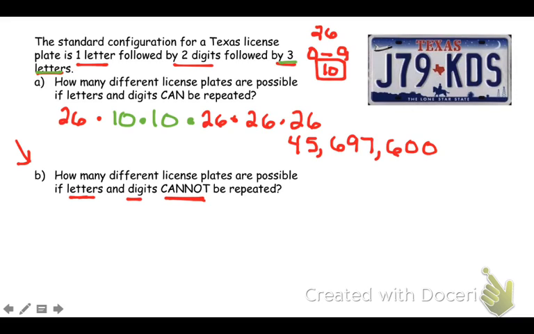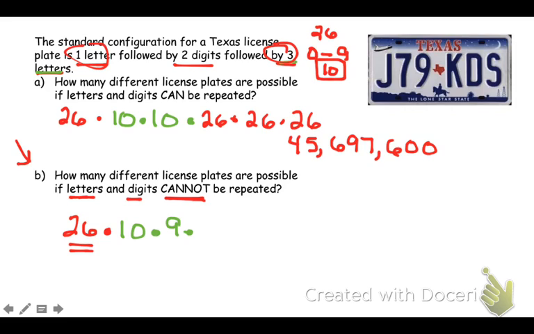But in example B, it says you cannot repeat your letters or your digits. So now we have our first letter is going to be 26 times, and for numbers, we still get to start off with 10, but now, because we've already used one of the digits, it's going to be times 9, and now we're looking at our 3 letters.